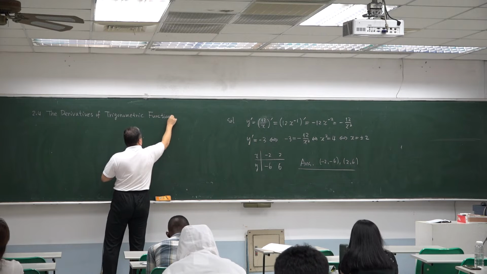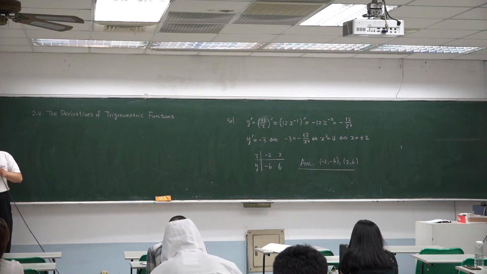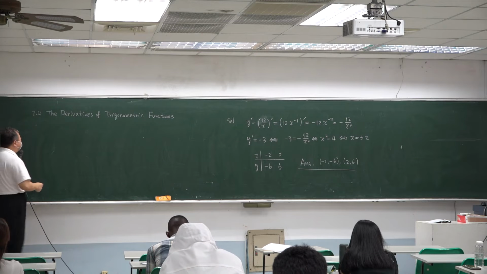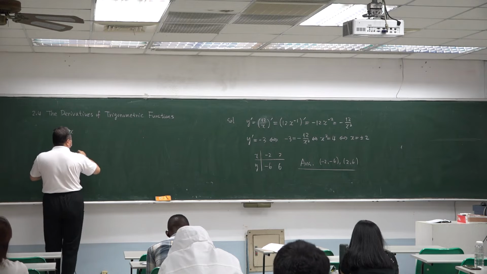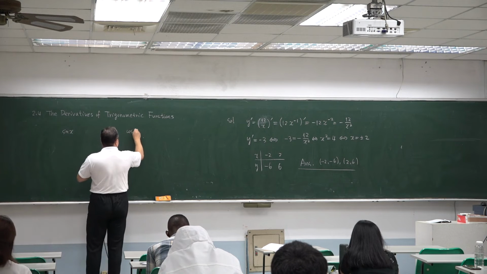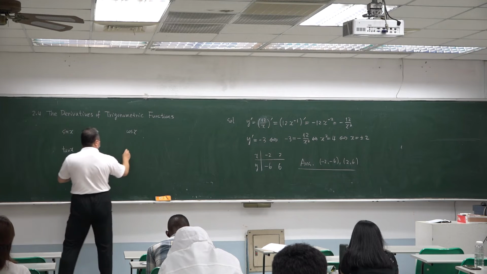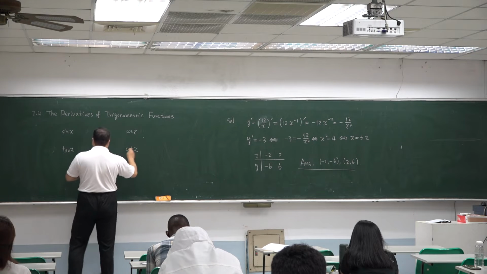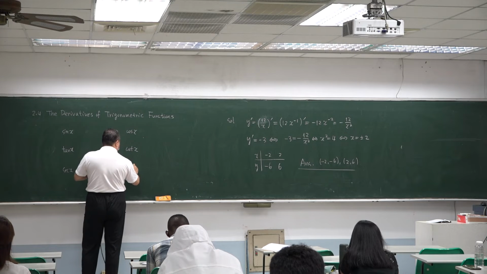Okay, there are 6 trigonometric functions: sine, cosine, tangent, cotangent, secant, and then cosecant.